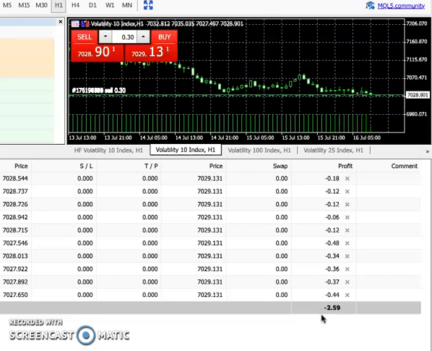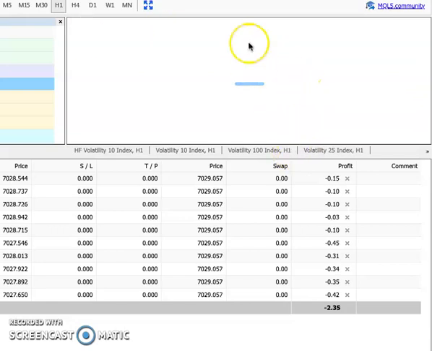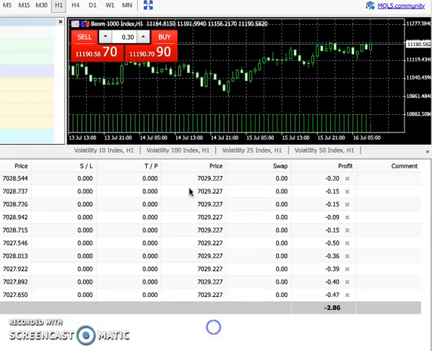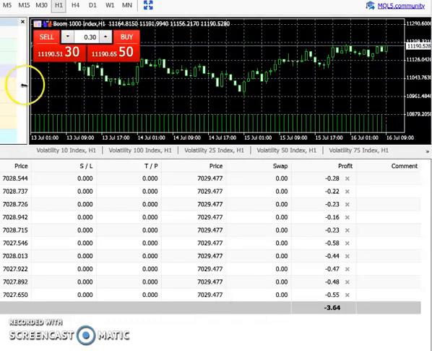On Boom, I know that it spikes as well. So I just want to show you the Boom index. Let's see, chart window, right? Let me take this one out to make space. Just put this one here.